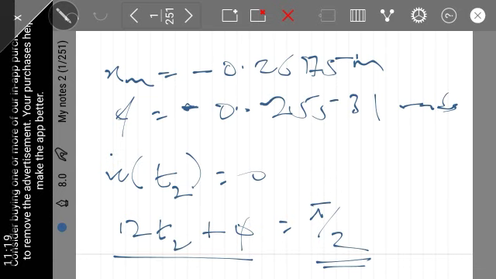Next, we can obtain t2, which implies t2 is equal to 0.15217 seconds.